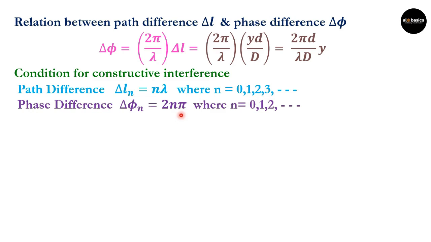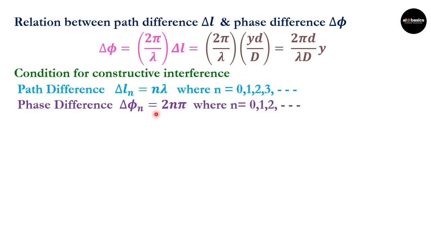We get this value of 2n pi just by substituting n lambda here. Lambda gets cancelled, and what is left is 2n pi. Again, values of n are 0, 1, 2 onwards. Or in other words, for constructive interference, path difference is an integral multiple of lambda, whereas phase difference is an even integral multiple of pi, because here there is a factor 2n.